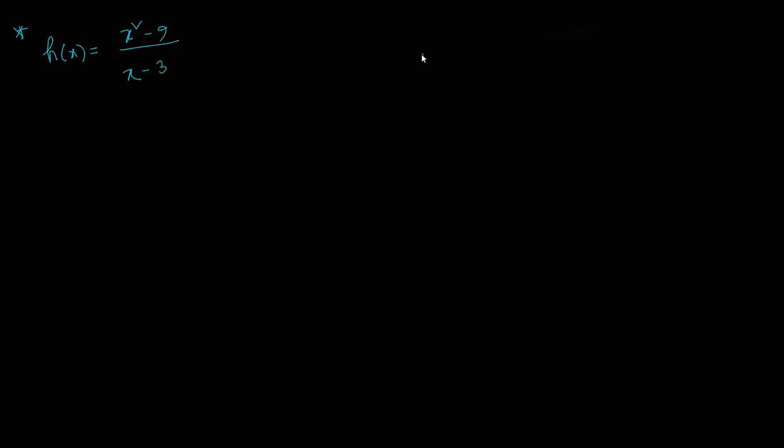Let's plot this function first. First of all, I am going to find the domain of this function. To find the domain, I need to make sure my denominator cannot be equal to 0. So x cannot be equal to 3. That is the domain I need to follow.